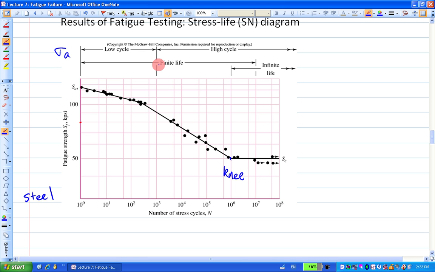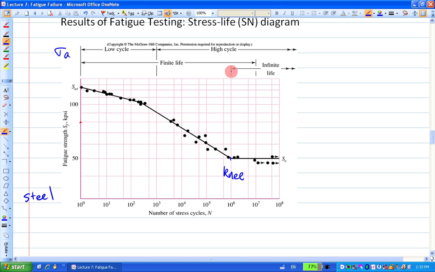Now back to the number of life. That's what we call low cycle, finite life, and infinite life. You can see the definition clearly. Lower than 1,000 is called low cycle. Between 1,000 and 10 to the power 7, 10 million, is called finite life.